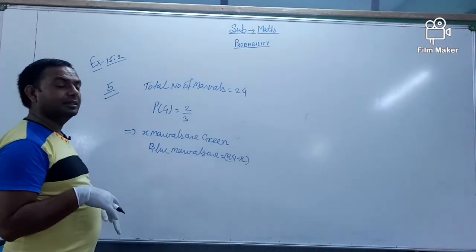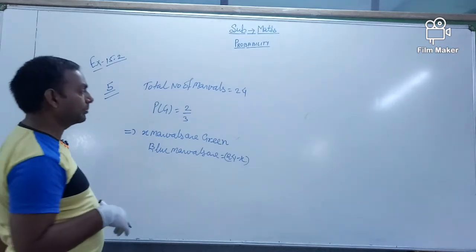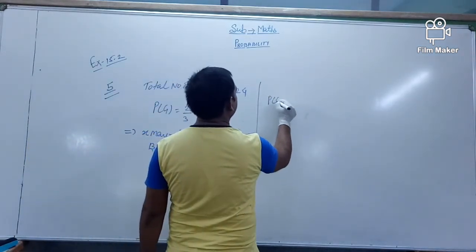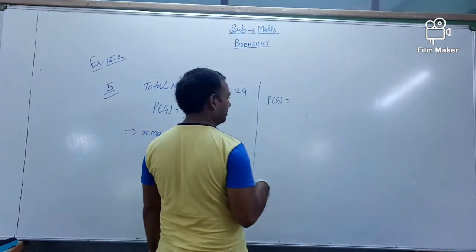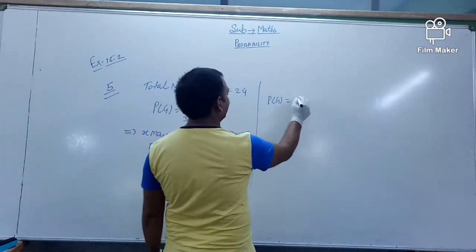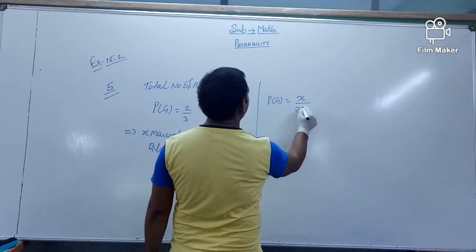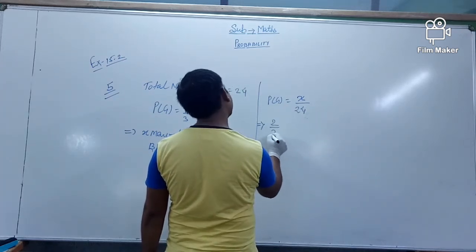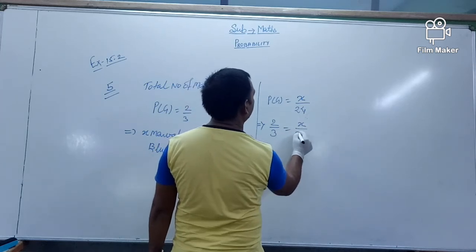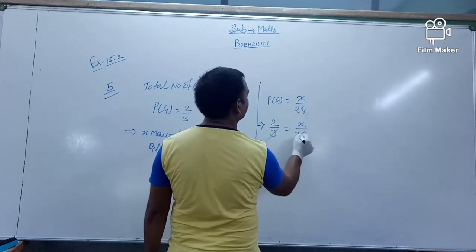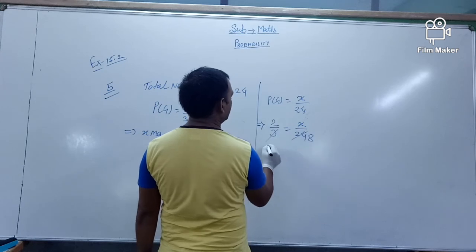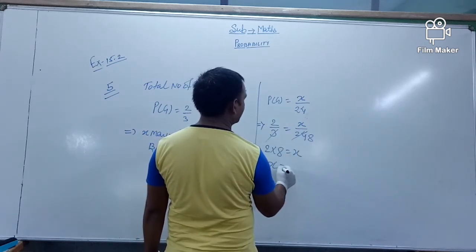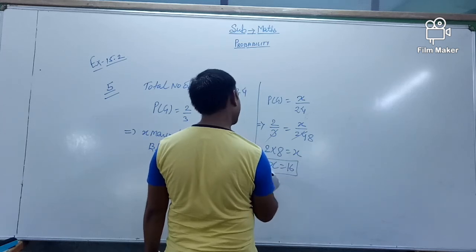So first, the probability of the green marble, PG, is equal to x, the green marbles, over a total of 24 marbles, and that probability is 2 by 3, so x upon 24. So 3 eights are 24. So 2 into 8 is equal to x. So x is equal to 16.